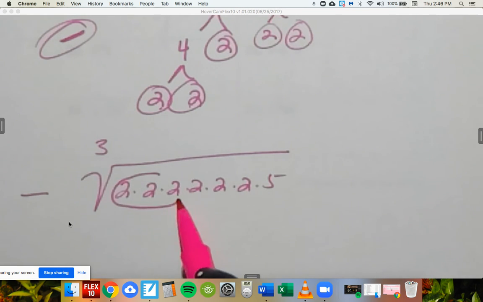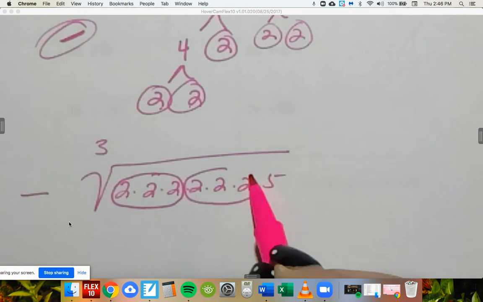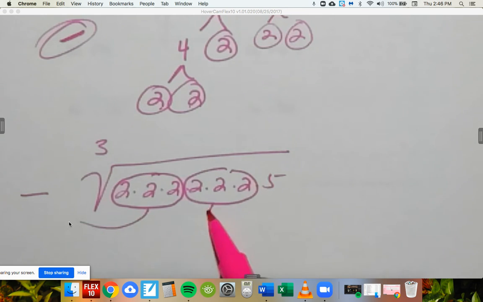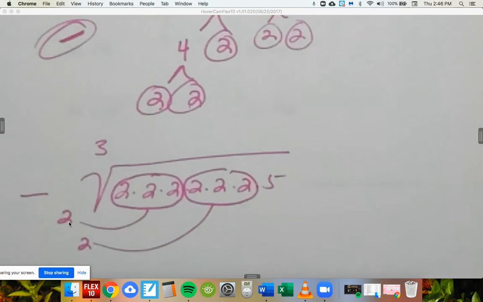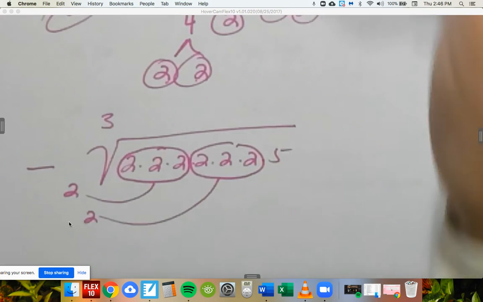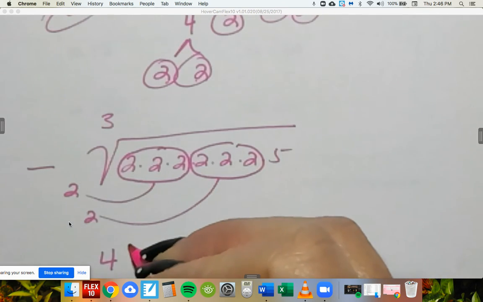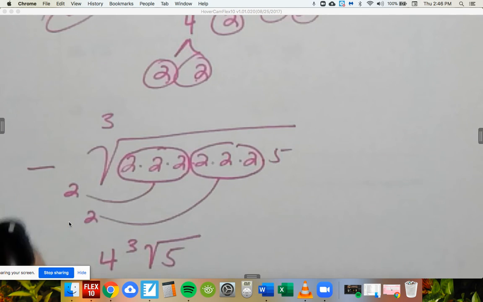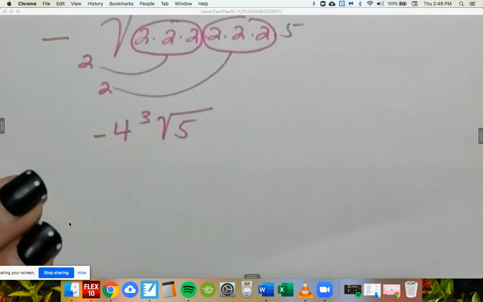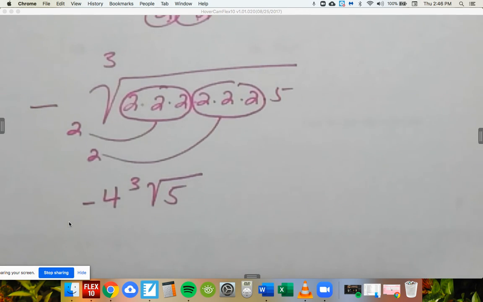There's a triplet, and there's a triplet. That means I'm going to take a 2 out and another 2 out. So 2 comes out, and another 2 comes out, which really then makes a 4. Leaving behind that 5, and remembering that it's negative. So the answer is -4 cube roots of 5.